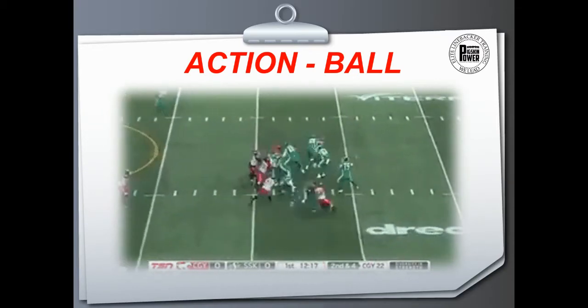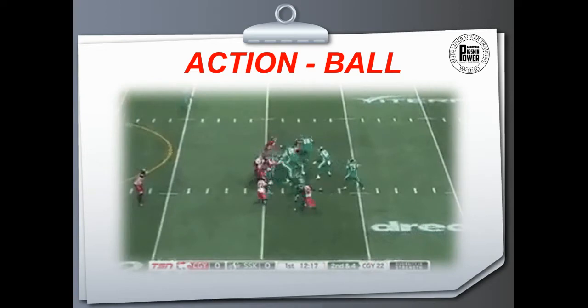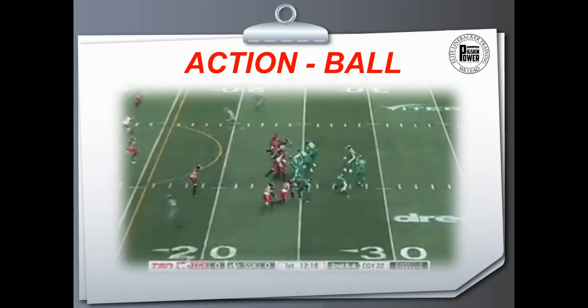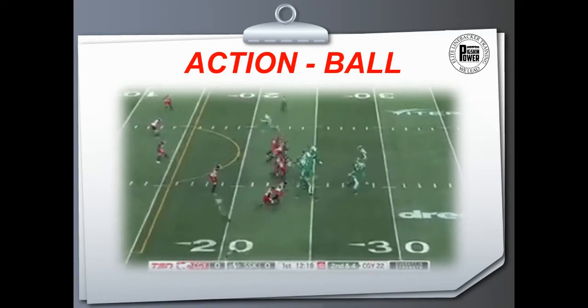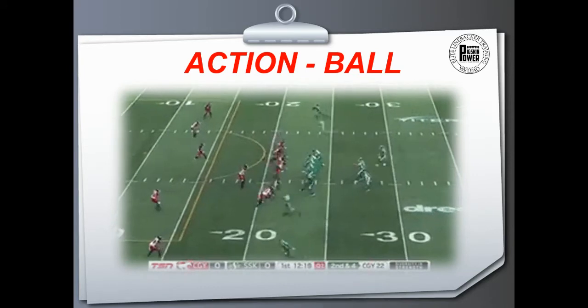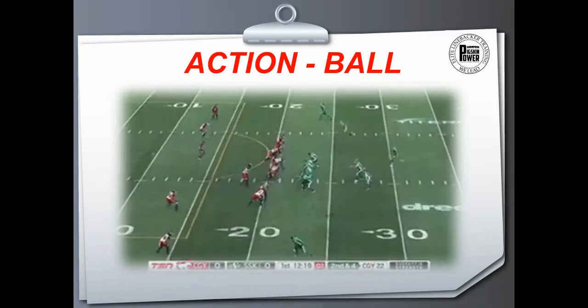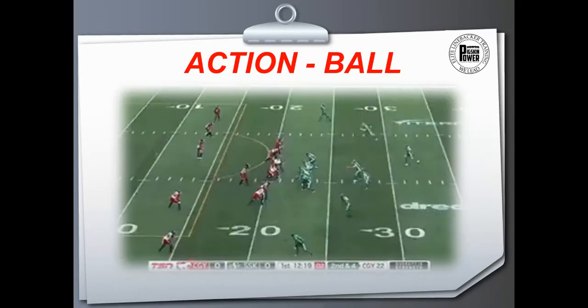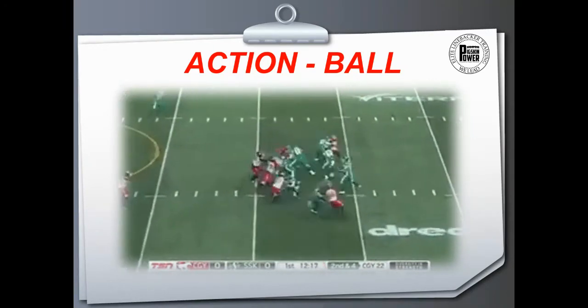So when they step up, that action tells us it's a direct play. This is pass right now. You got a soft read out of the offensive line. You got the quarterback off the line of scrimmage, and now he's taken the ball and he's seated it. So action ball right now tells us it's pass.